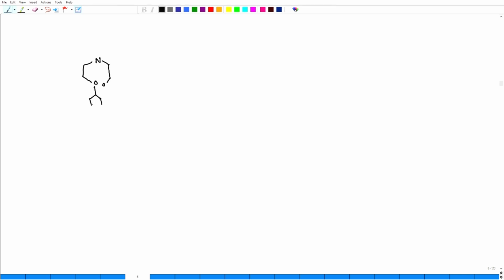Drawing this is very difficult. Tertiary butyl, tertiary butyl.